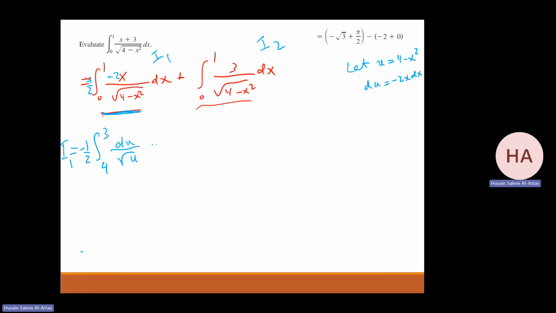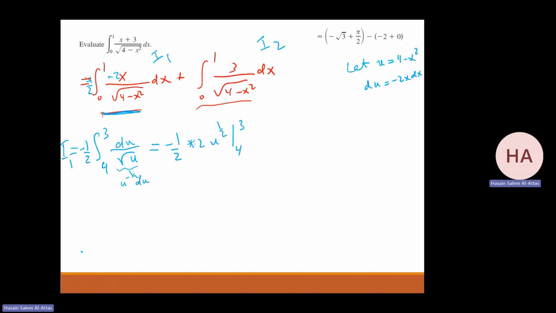What is this? This is minus half, u to the power minus half du. You add 1, that will be half. So I add 1, it will be half, multiplied by 2, u to the power half, from 4 to 3.